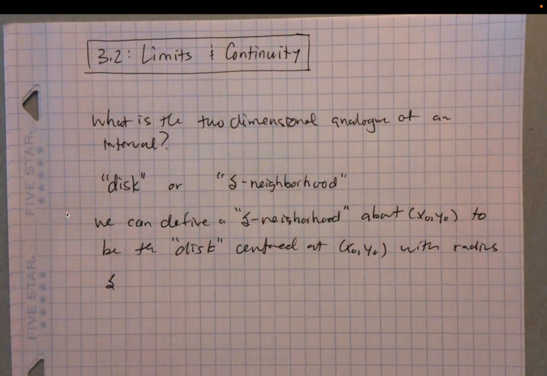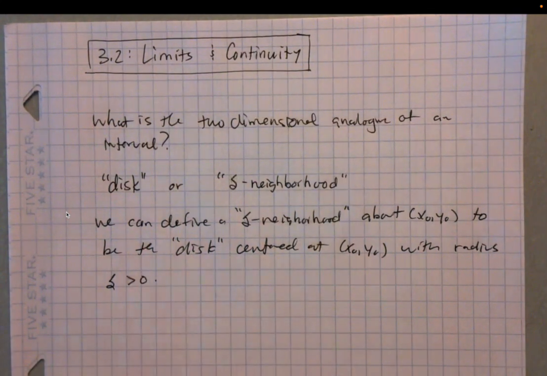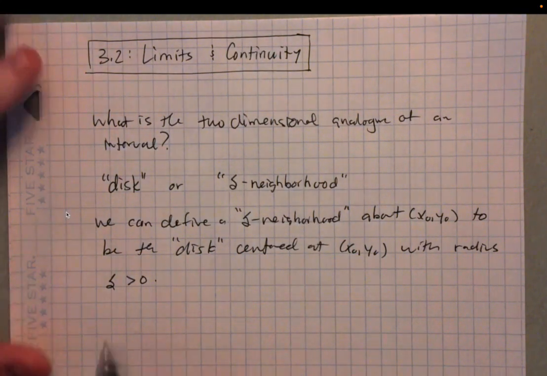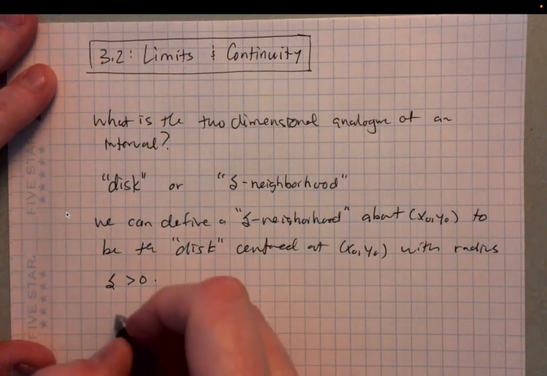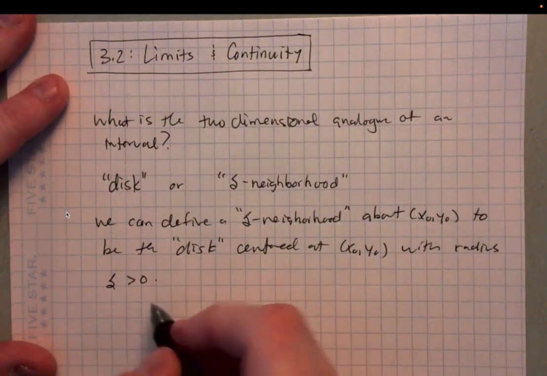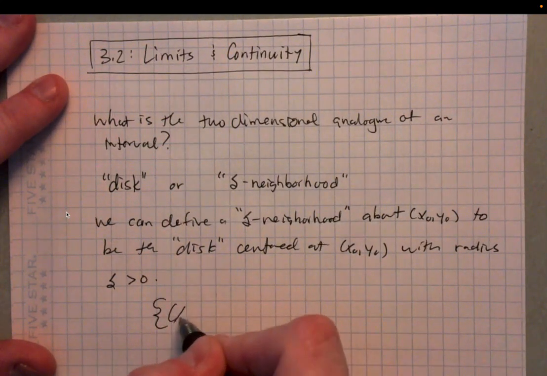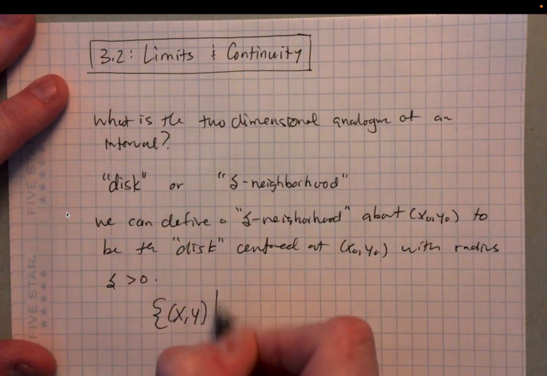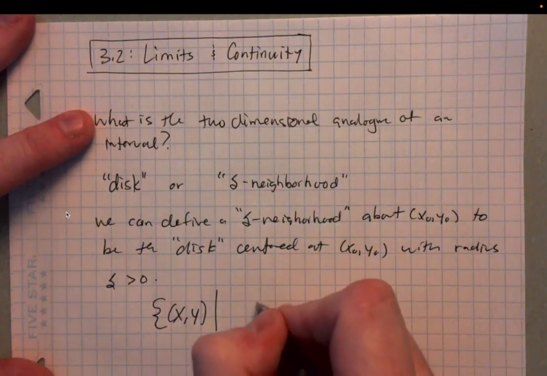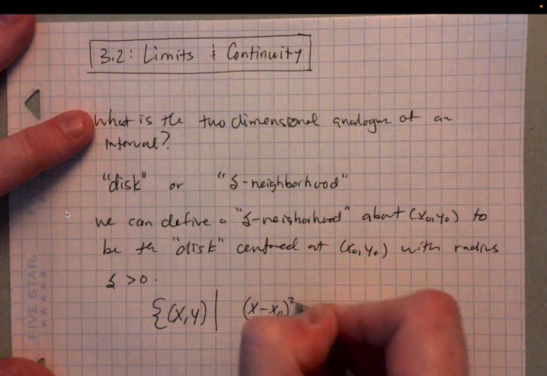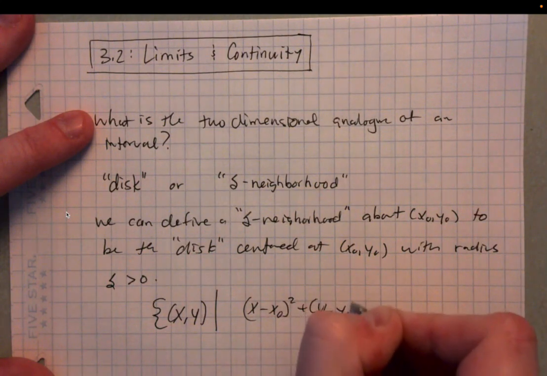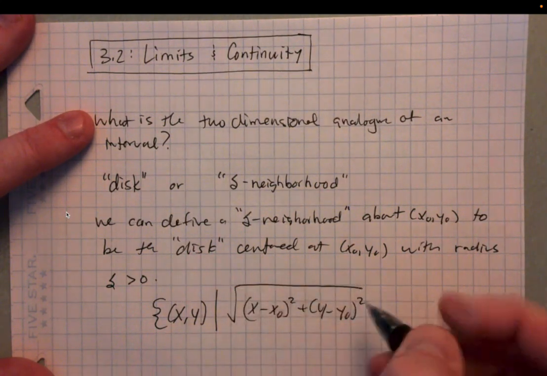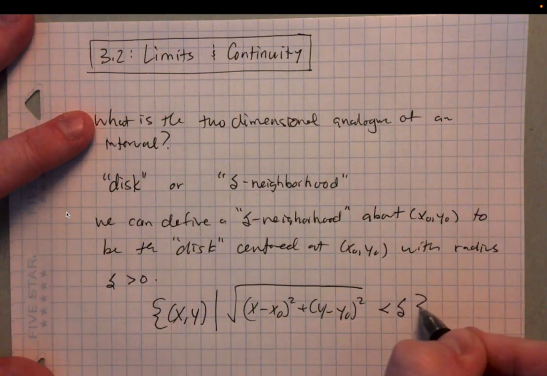And in this case, delta has to be greater than 0, so delta is a positive value. A more compact way to write this would be all x, y such that the square root of (x minus x0) squared plus (y minus y0) squared is less than delta.